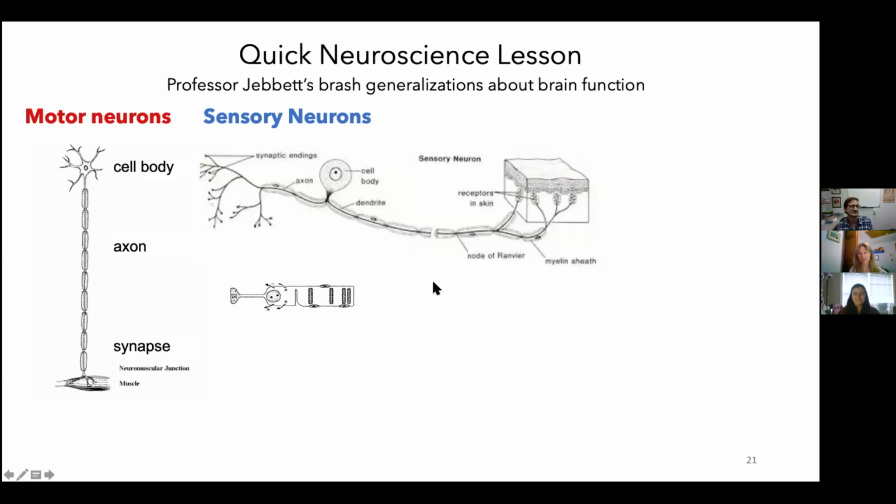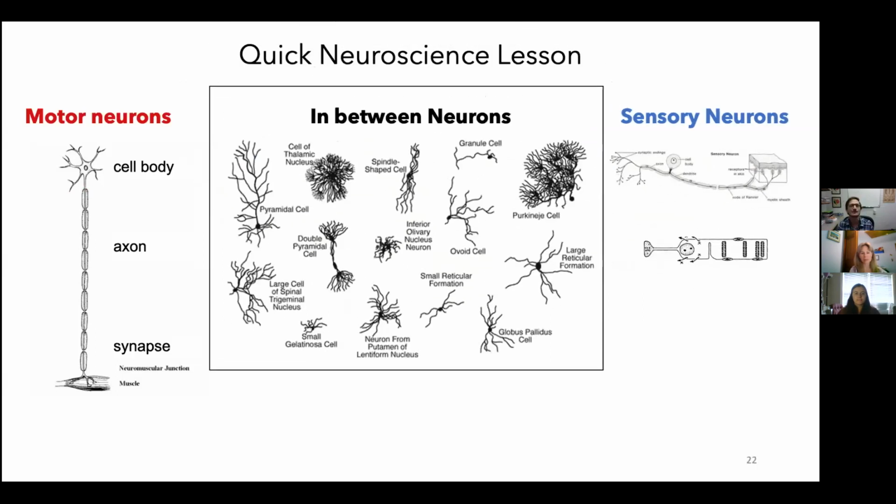But there's other types of sensory neurons out there too. It's not only touch, pain, things like vision, hearing. We just have a neuron for those, and we wire those neurons up in a similar way. But the real magic happens, and why we can do things that are more complicated than reflexes, is because we have these in-between neurons.